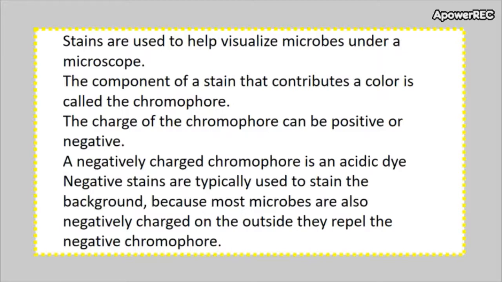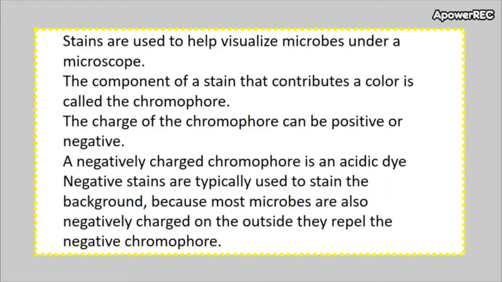So acid dyes are components of stains, and stains, as you know, help to visualize microbes under a microscope. The component of the stain that contributes to color is called the chromophore, and this chromophore can be positive or negative. A negatively charged chromophore is an acidic dye, and a positively charged chromophore is a basic dye.